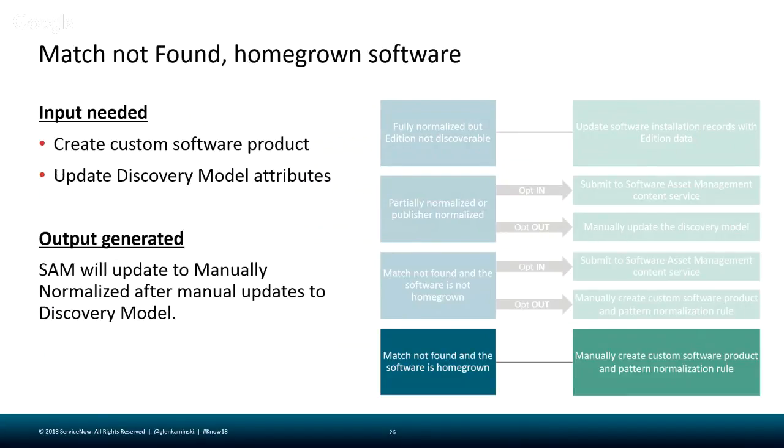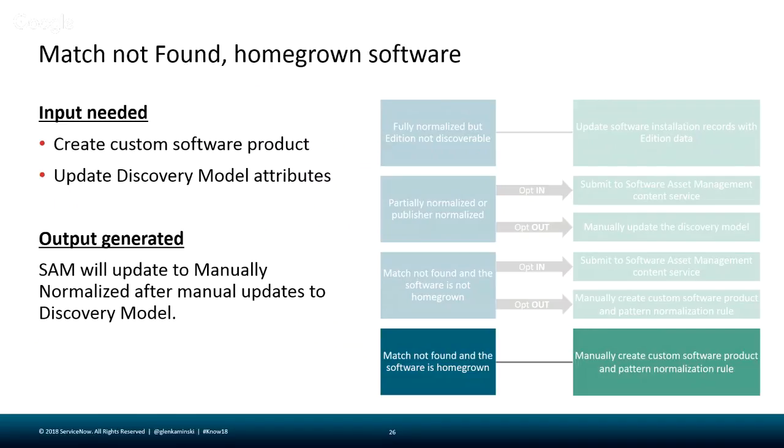Now, if you have a match not found and it happens to be homegrown software, you have really three options here. First of all, you could send that to the content service for the content curation team to update. If not, you can choose to not normalize it because there isn't a licensing impact.